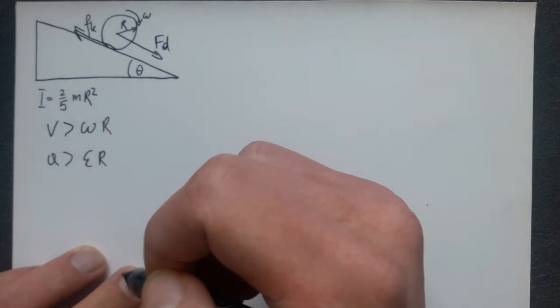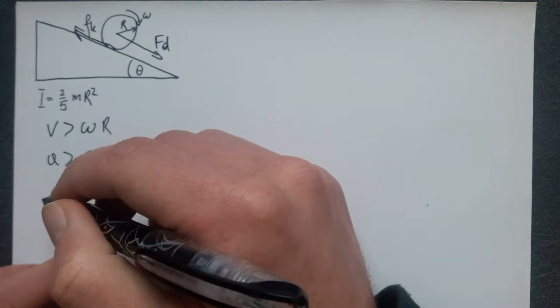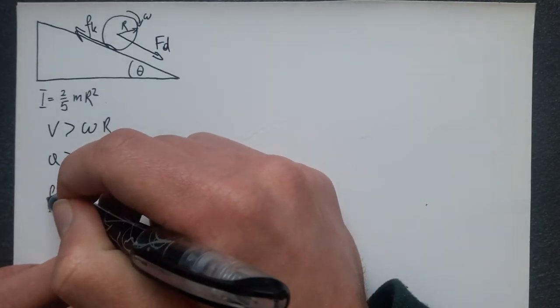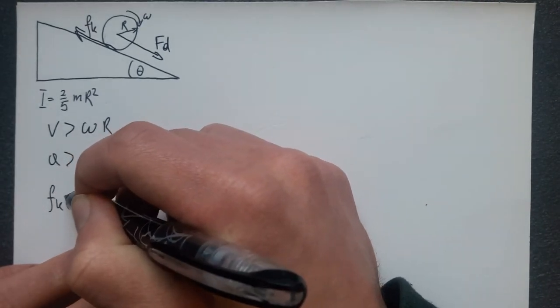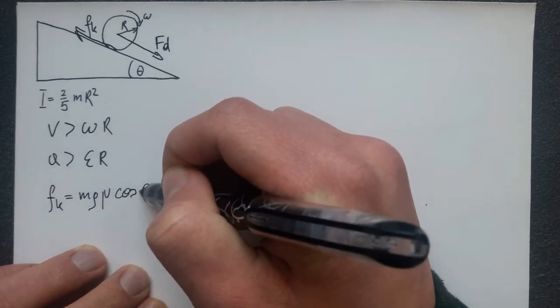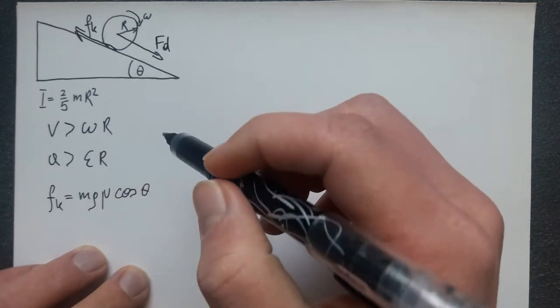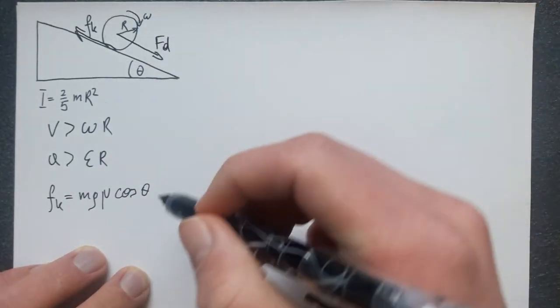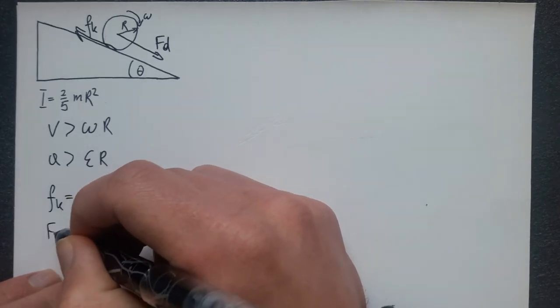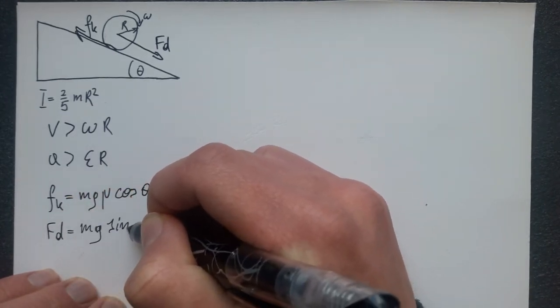Now, we know the exact value of that force, and it is equal to mg mu cosine of theta. And we also know the value of the force that's pushing downwards, and it is that Fd is equal to mg sine of theta.